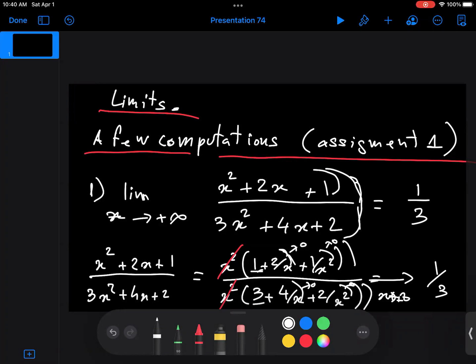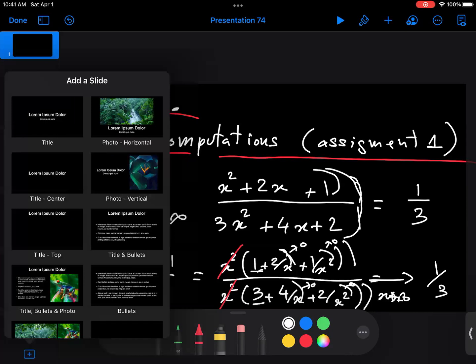Everybody is okay with that? I suggest, it's not mandatory, that you try to choose other polynomials, compute the limit, and do that as an assignment. We are going to do 6 limits, okay? So another limit.